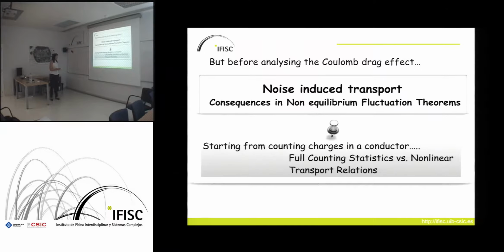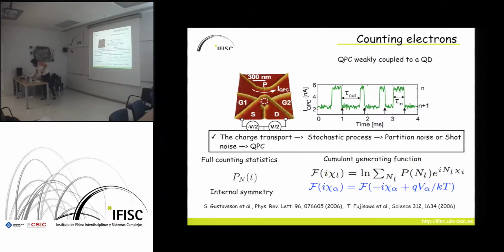So to start with this part, we need to say something about the full counting statistics, or how we count charge in a conductor, and how this full counting statistics is related with these non-equilibrium fluctuation theorems. And finally, the nonlinear transport relations.